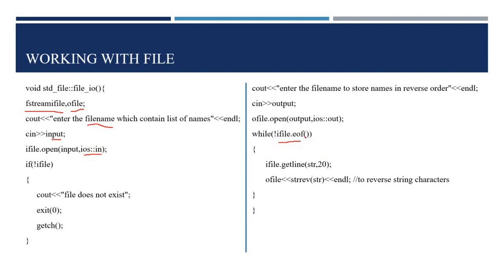Till the end of the file, all the characters are read line by line. Then it converts the data using the string reverse function one after another, then stores that value in the output file. Our output file is nothing but the resultant file where the data is stored in reverse order.